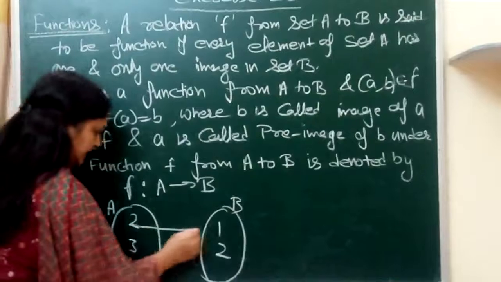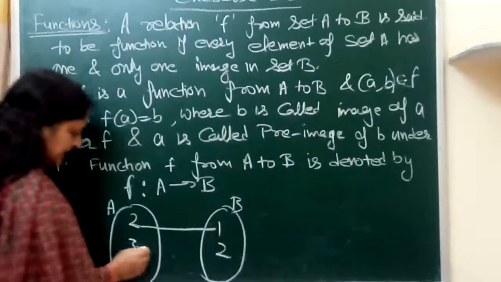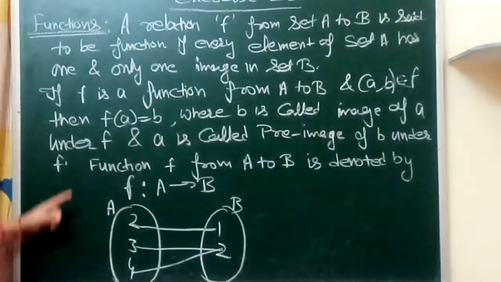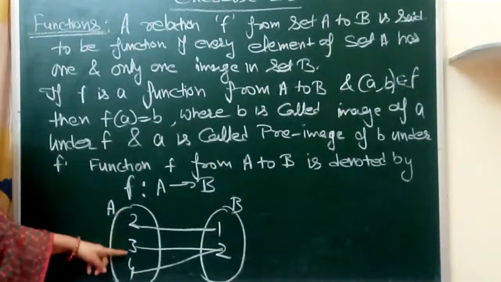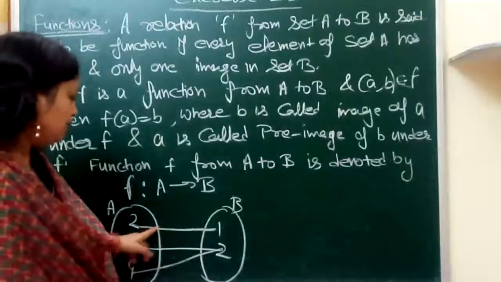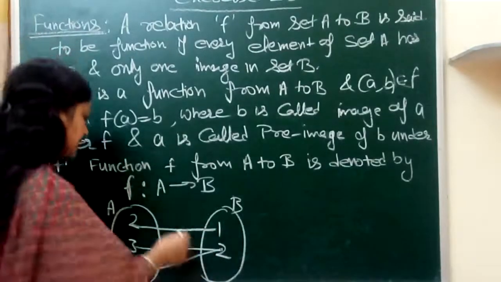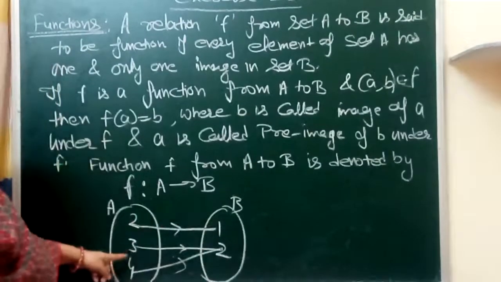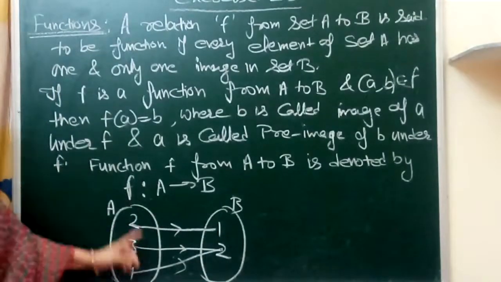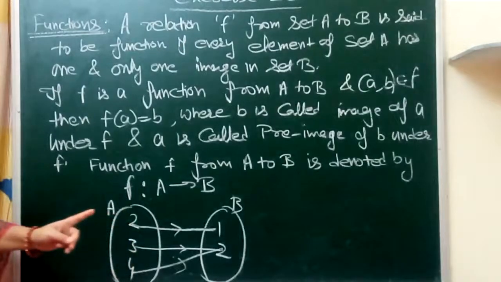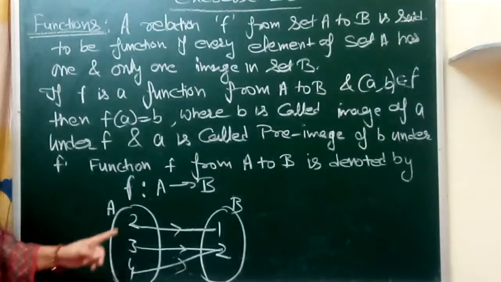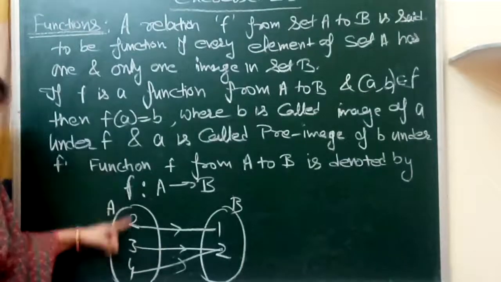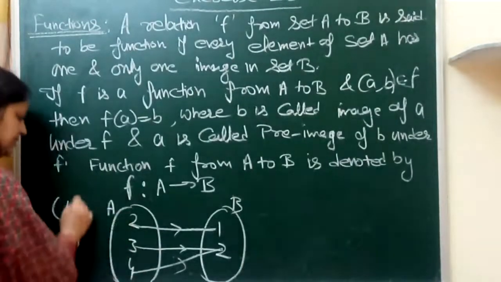Now 2 has image 1, 3 has image 2, and 4 has image 2. So every element of set A has an image, and no element in set A has more than one image, meaning no first element is repeated here. So it is a function.